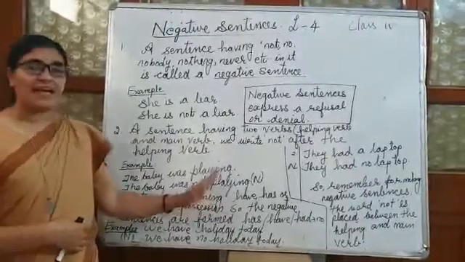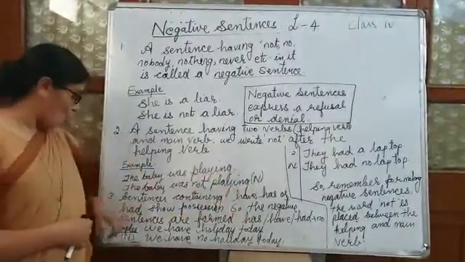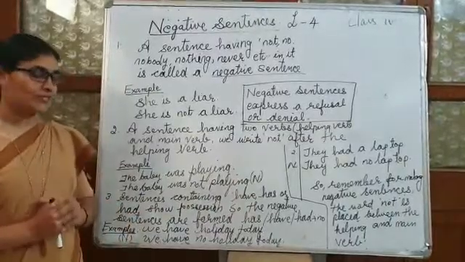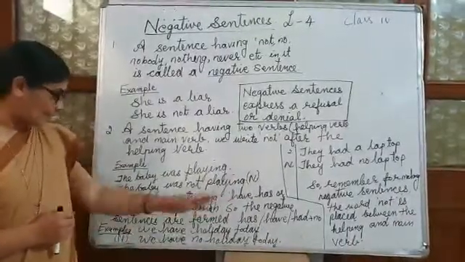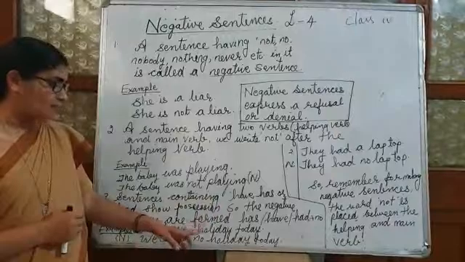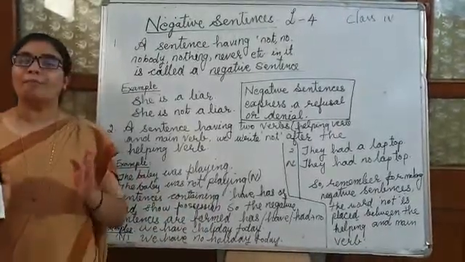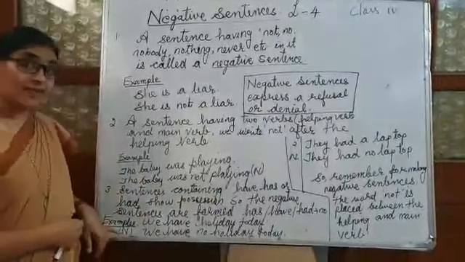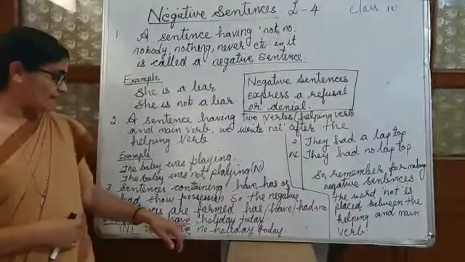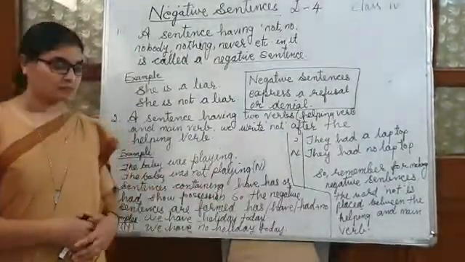Sentences containing have, has or had show possession. So the negative sentences are formed with has, have, had plus no. For example, we have a holiday today.